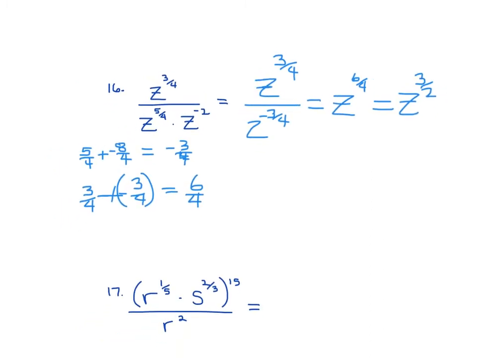Now, we could have done it another way, and we could have moved the 2 up to the top, added it to the top, and then subtracted. And write this in square root form. So we could say that it's z, the square root, and to the 3rd power. So these are going to mean the same thing.